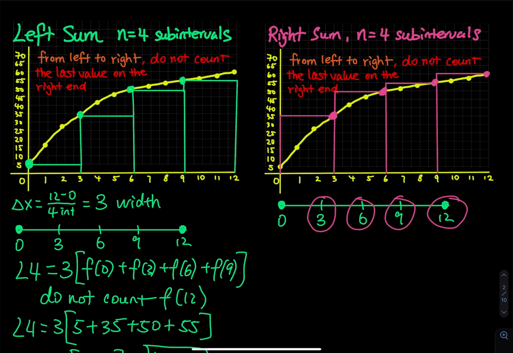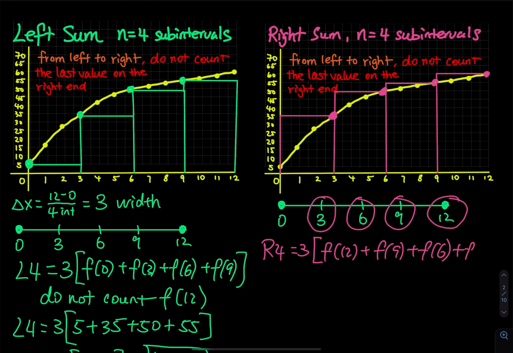Alright, so this is a right sum from right to left, and this is R4 equals the width, which is still 3, times f of 12 plus f of 9 plus f of 6 plus f of 3. So take the table values I gave you. X equals 12, we have 65.